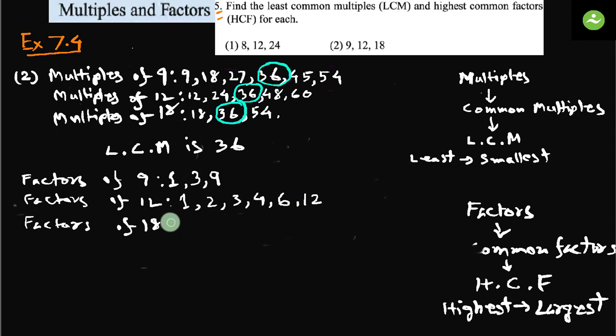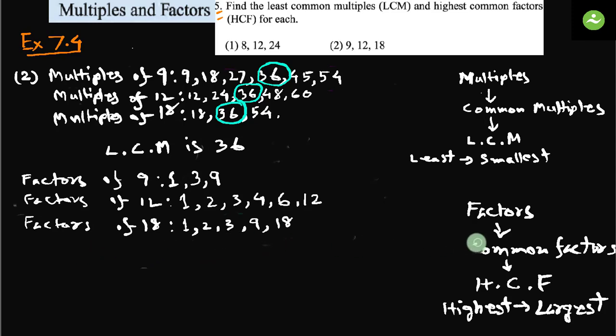Factors of 18: 1, 2, 3, then 9, then 18.